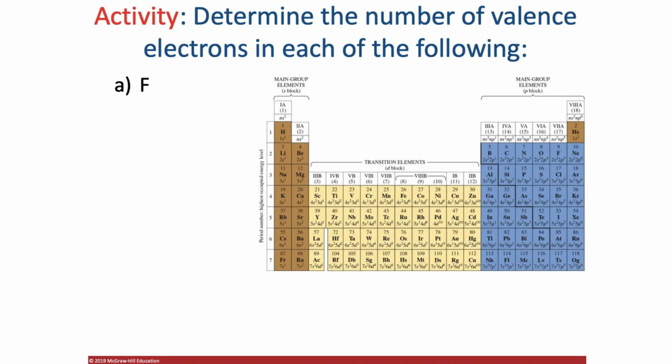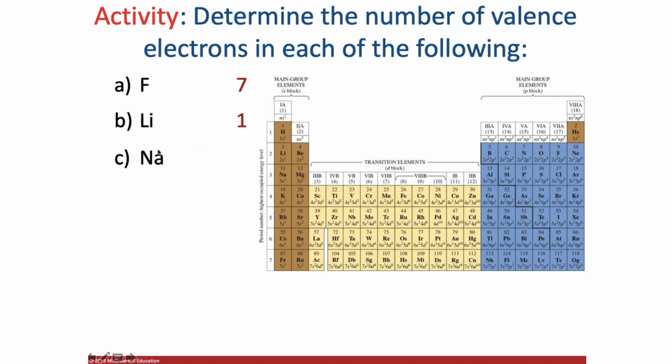We can determine the number of valence electrons in each of the following elements based off of their positions in the periodic table. We can see that fluorine is a group 7 element, so it has 7 valence electrons. Lithium is a group 1 element, so it has 1 valence electron.